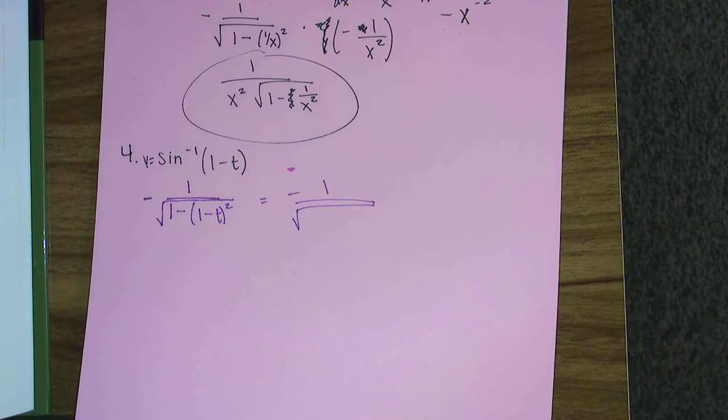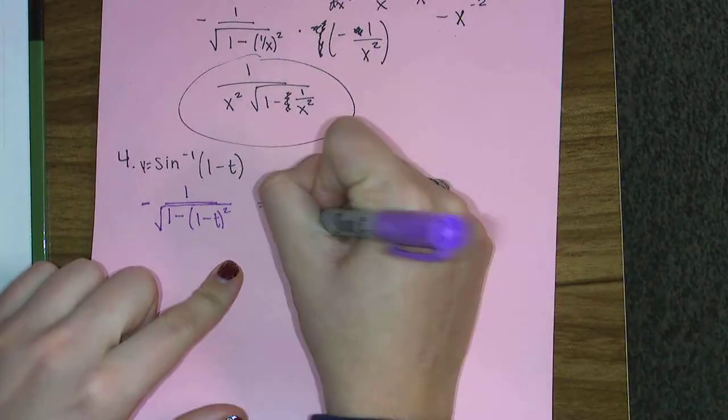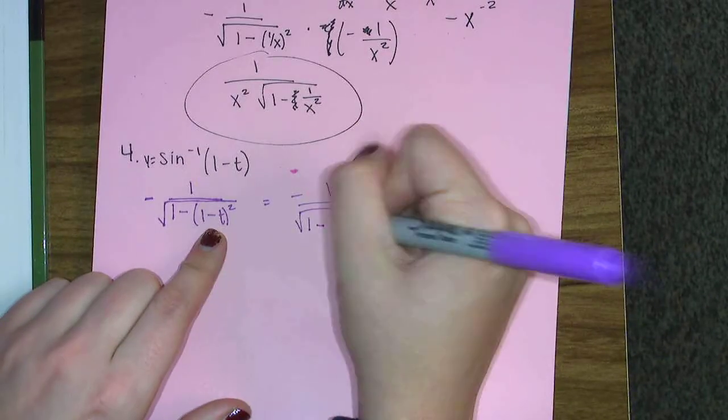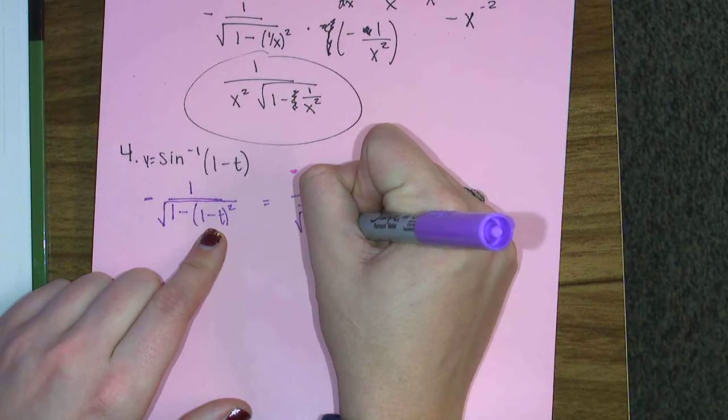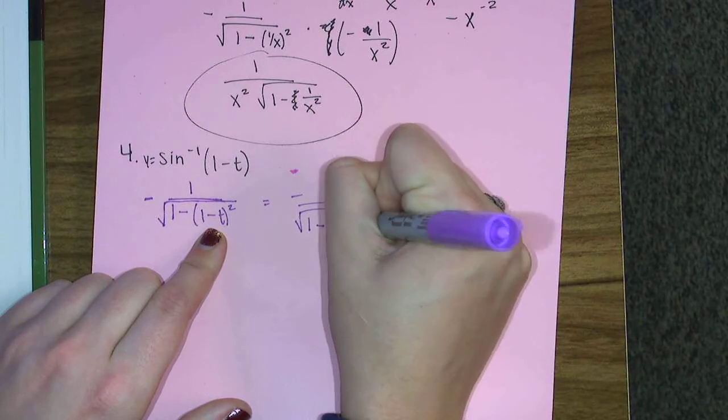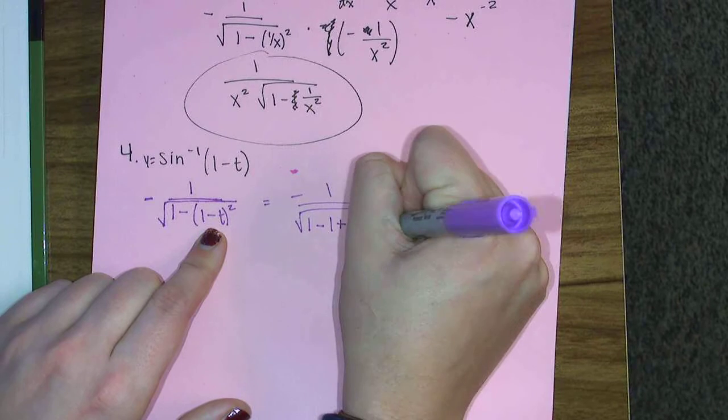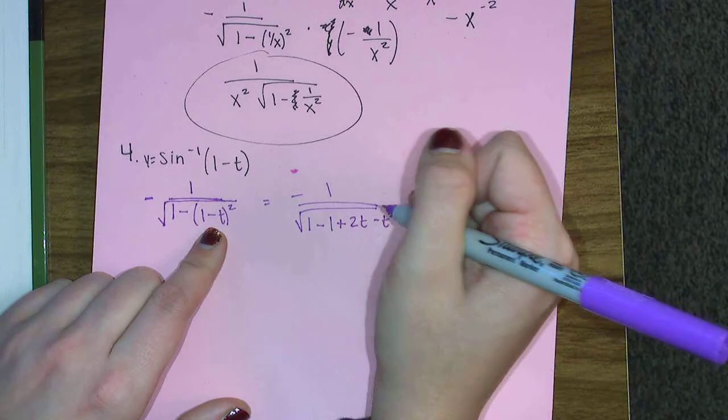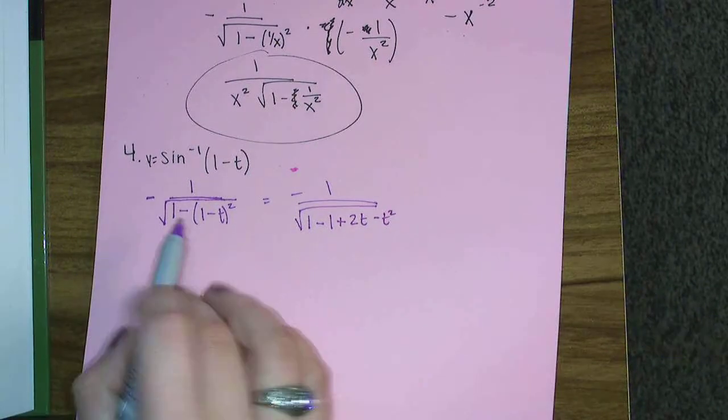Yeah, well, it will in a sense. It'll just allow us to cancel the ones away. So basically you'll have 1 minus 1 plus 2t minus t squared, I think. Trying to do this all in one step.